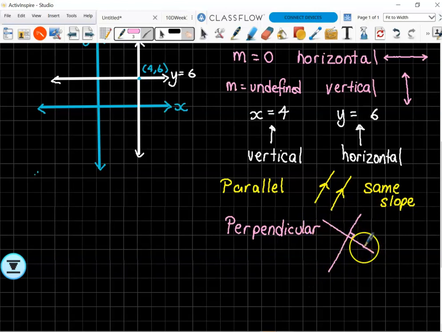Positive. What's that one going to be? Are they always going to be on opposite sides? Yes. Is that positive? Yes. Is that negative? Yeah. Can you draw two perpendicular lines where they won't be one positive, one negative? No. That's the only exception, all right? We've got 0 and undefined. But otherwise, it's always going to be opposite sign.